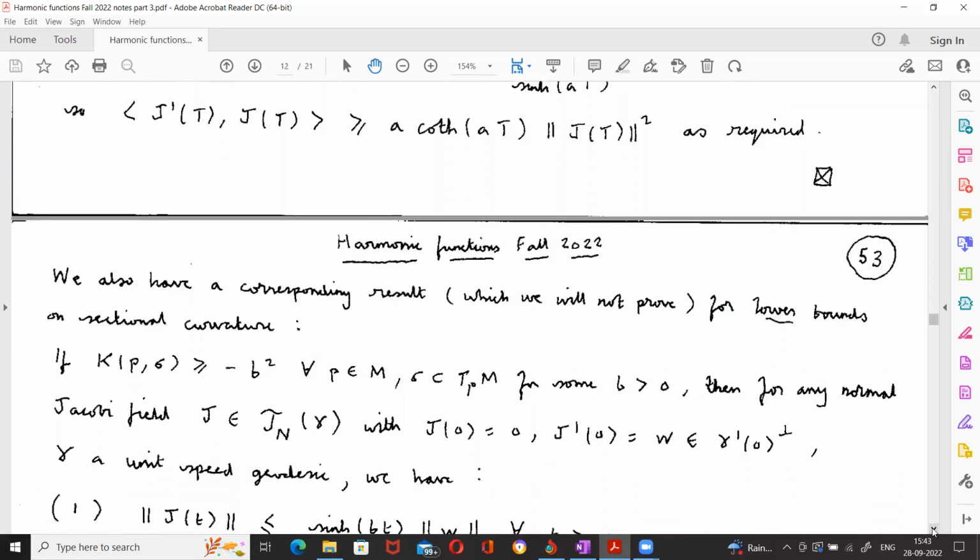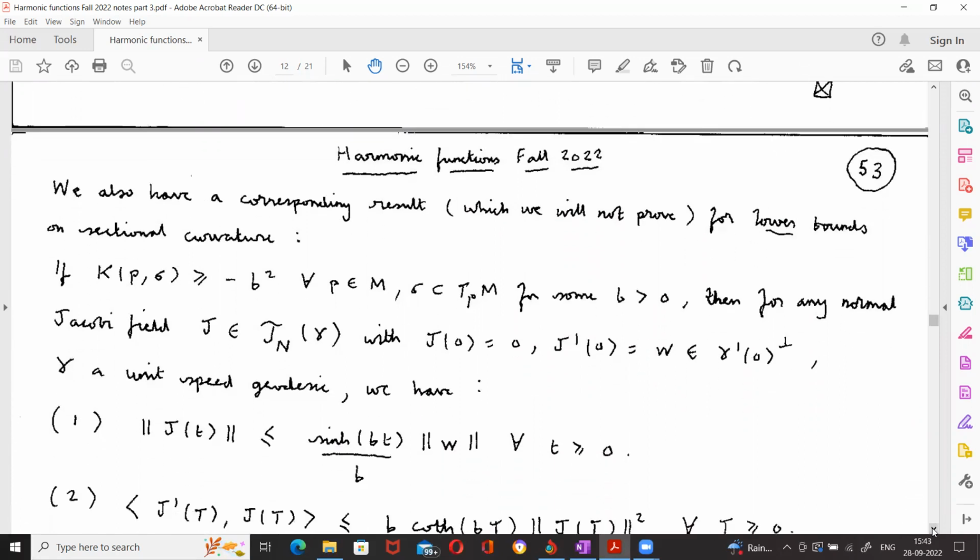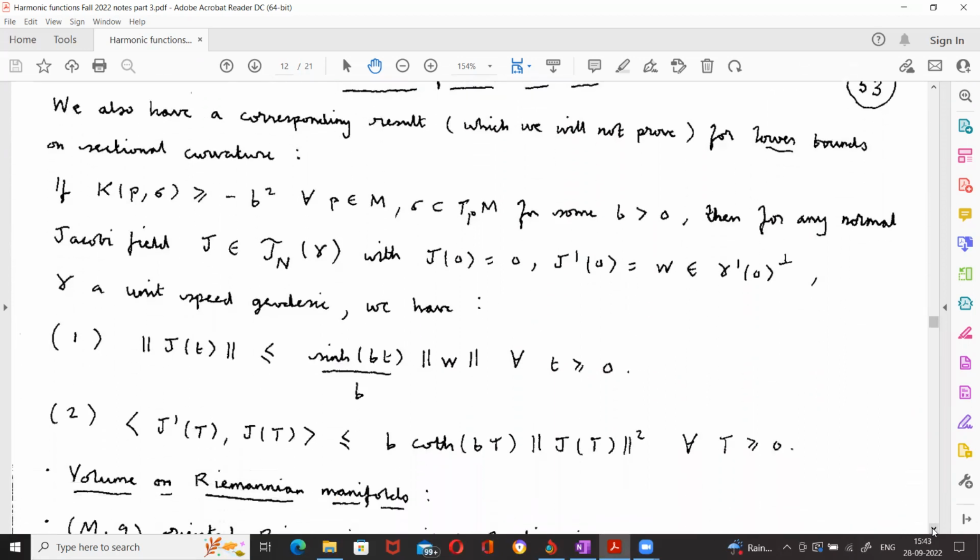So we've proved these two inequalities about Jacobi fields where the sectional curvature was bounded above. Actually, we can also prove similar results when the sectional curvature is bounded below.